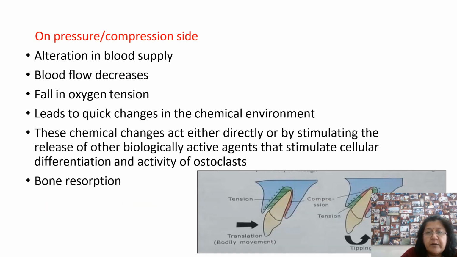On the pressure or compression side, there is alteration in the blood flow. Blood flow decreases. There is a fall in oxygen tension, which leads to changes in the chemical environment which stimulates cellular differentiation and the activity of osteoclasts, thereby resulting in bone resorption in this area of pressure.